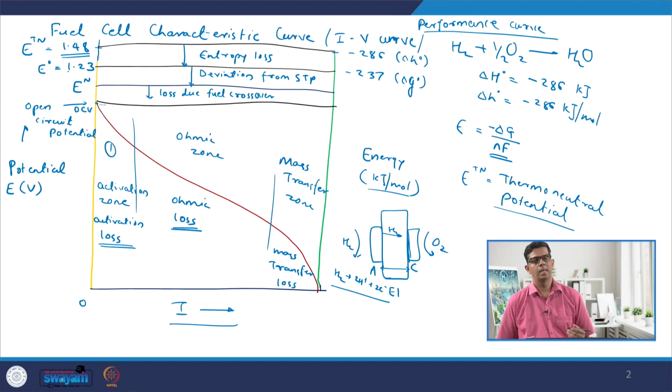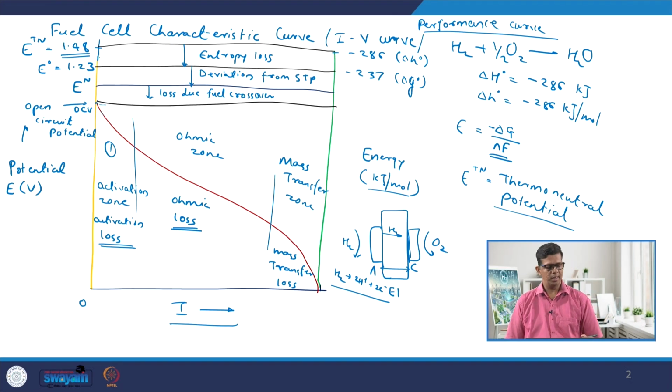However, all the cells that we come across, whether it's a fuel cell or an electrolyzer, or a fuel cell in this case, are operated at different temperatures and pressure conditions. For example, we saw in the numerical that the given cell was supposed to operate at 80 degrees Celsius and 3 atmospheres and 5 atmospheres of pressure for hydrogen and oxygen respectively.